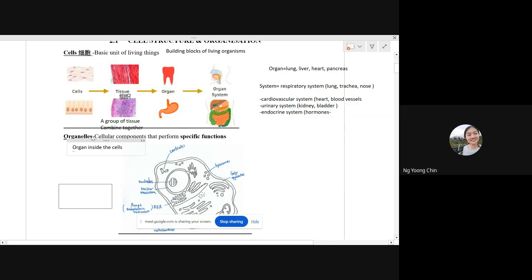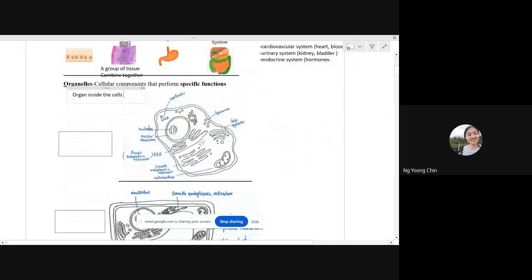Organelles are cellular components found inside the living cell. They perform specific functions. Each organelle has its own specific function, and they work together to help maintain the living process of the cell.